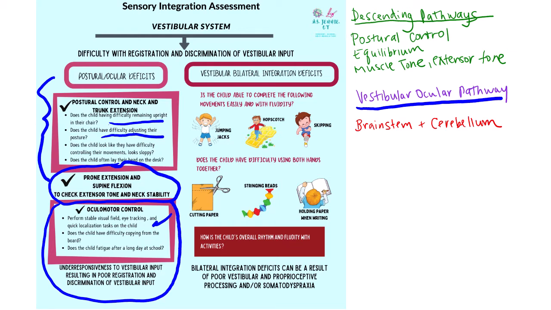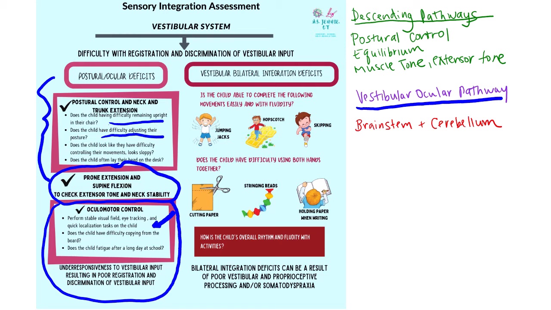So these are all actual visual tracking types of things that you want to check out. Then you want to see, does the child have difficulty copying from the board? Is it much more labor, taking them much longer than their peers to be able to do? And that's great information that you can get from the teacher as well.